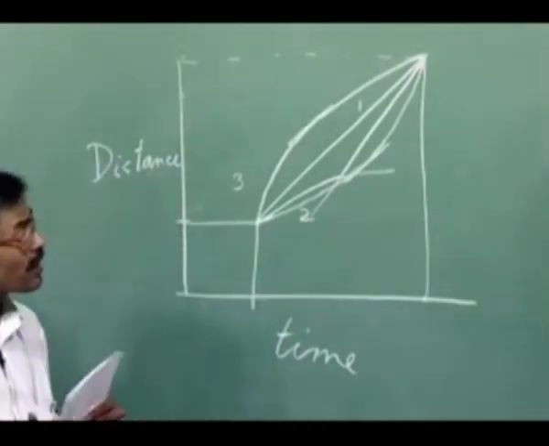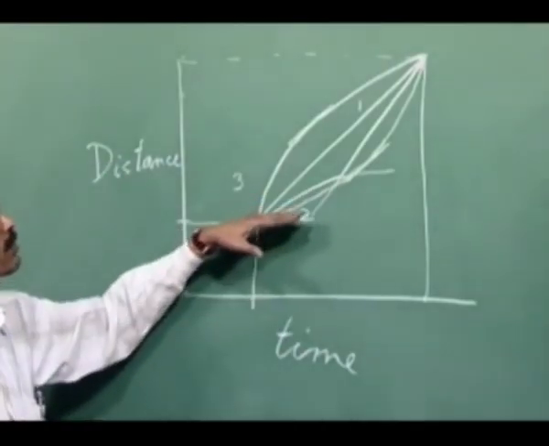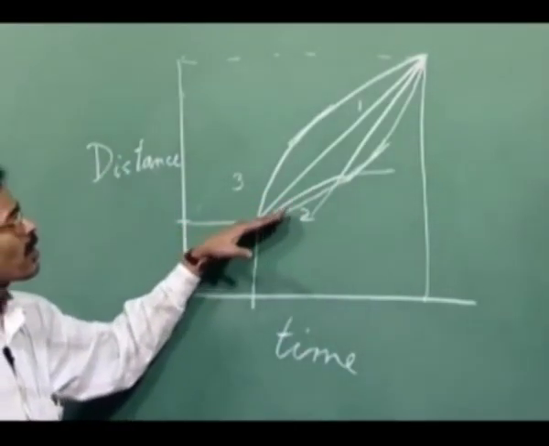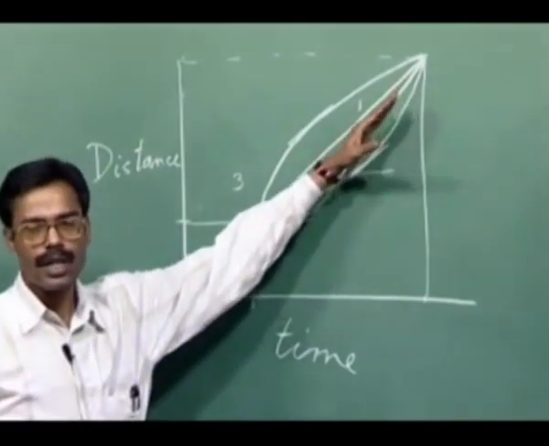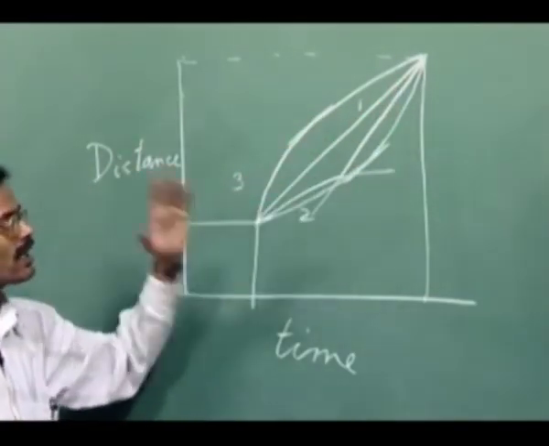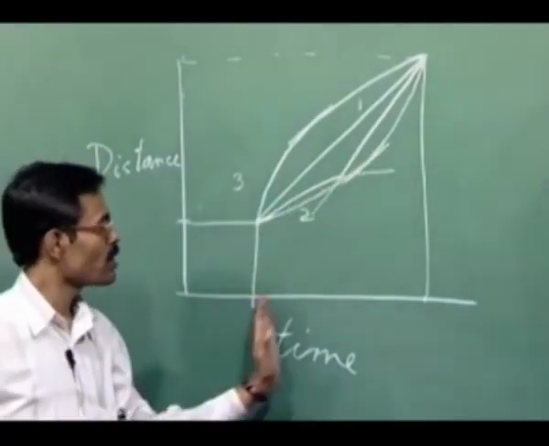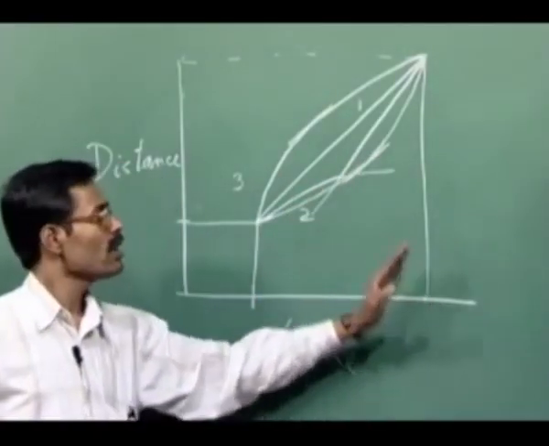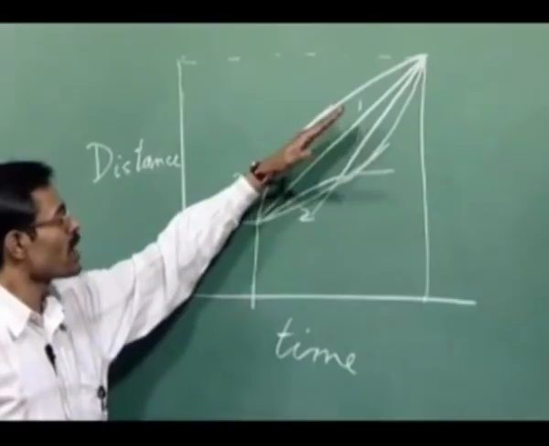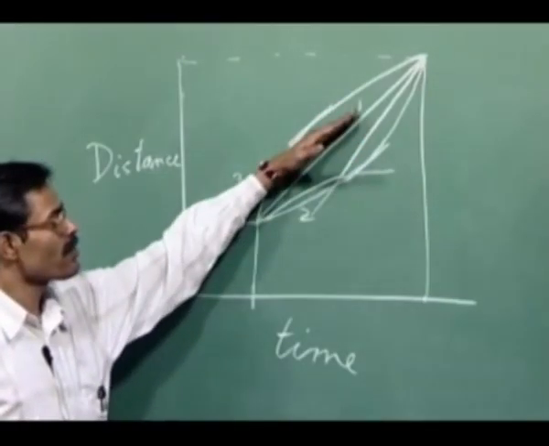But in this kind of a situation, if we say that the first order derivative is continuous, that is speed is continuous, then it becomes necessary that at some point of time between this and this, there must be the slope which is parallel to this, which is same as this. Okay.